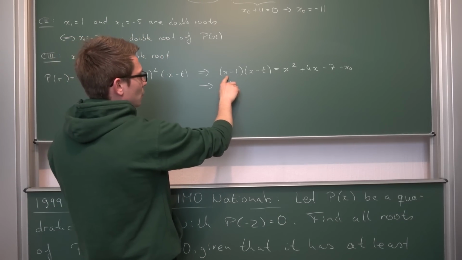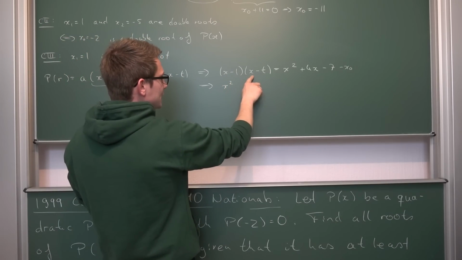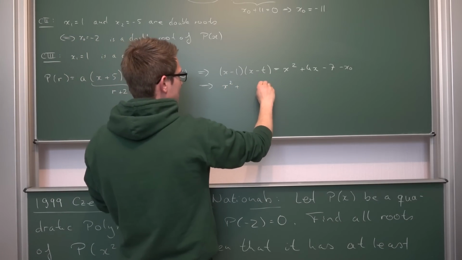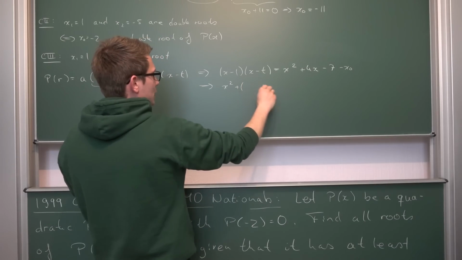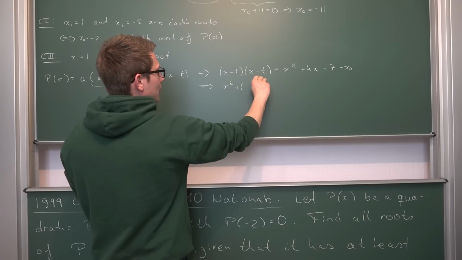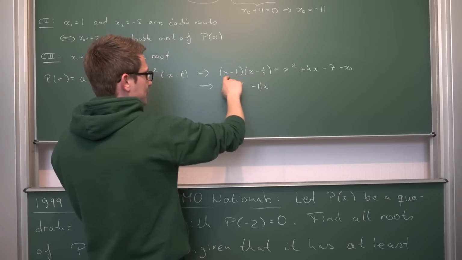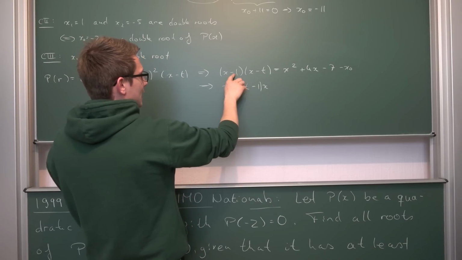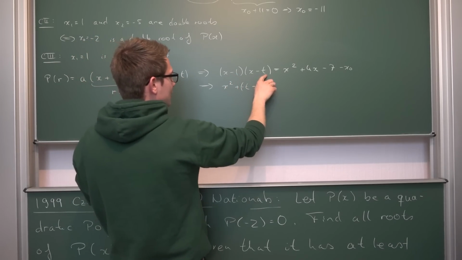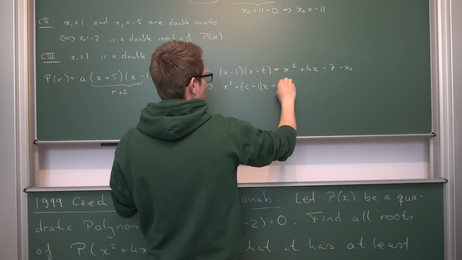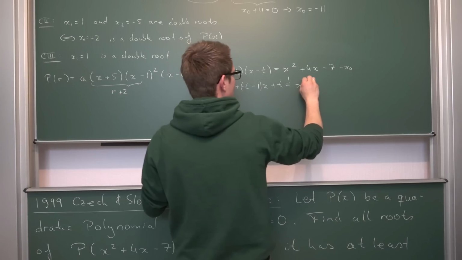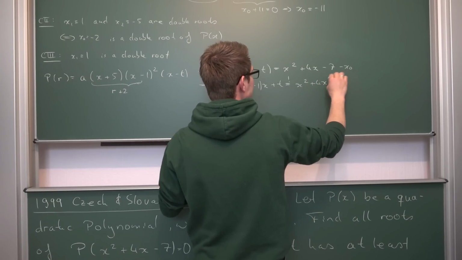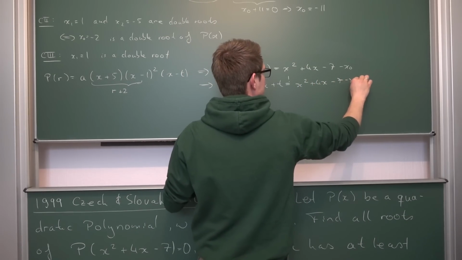Then on the other hand, we are going to get negative x, so I'm going to put a plus here, something x. We are going to get negative 1, and also negative t times x, so negative t x. And then as the last part, negative 1 times negative t is going to give us plus t, must be equal to x squared plus 4x minus 7 minus x naught.